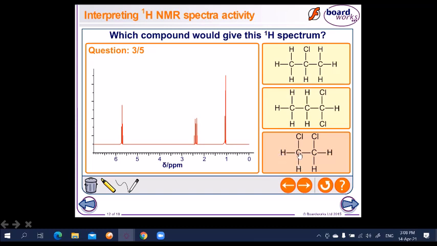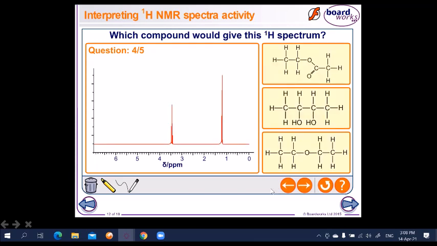But then you can only really do one carbon at the same time. So this could be just 1 peak, 2 peaks at the most. So it definitely cannot be this one. So we're going to go with the middle one because it has 3 distinct chemical environments, like 3 peaks here. There we go. Number 4, I have 2 main peaks.